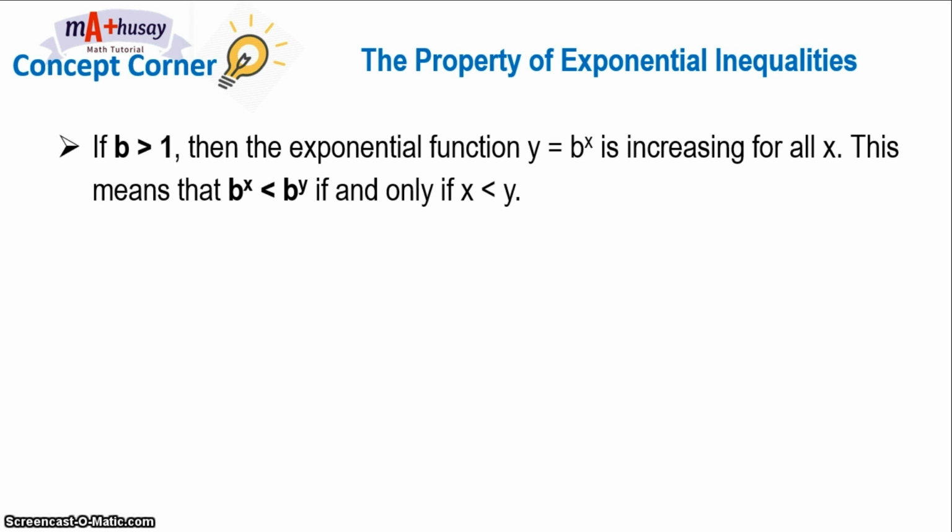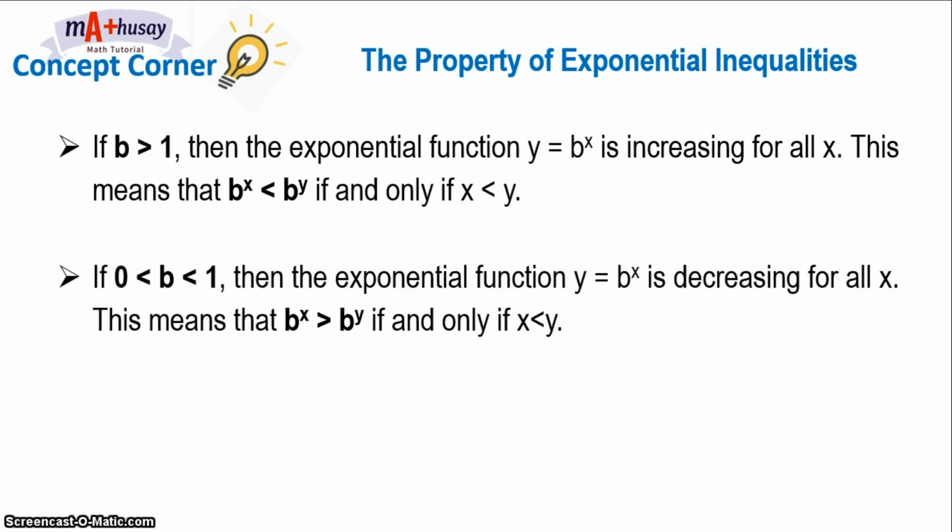This means that b raised to x is less than b raised to y if and only if x is less than y. So ang rule na ito is telling us na kapag yung base natin is greater than 1, yung inequality symbol will be retained. So, ibig sabihin, kung ano yung inequality symbol, ikakopy din natin siya.